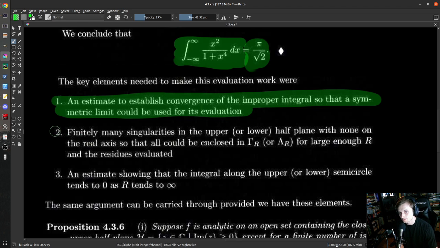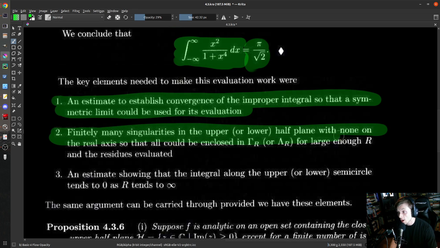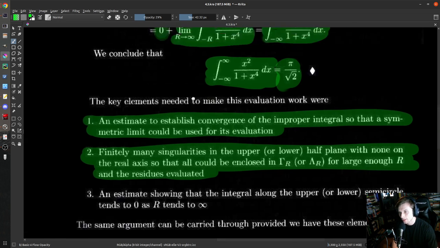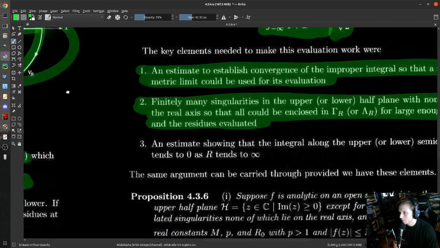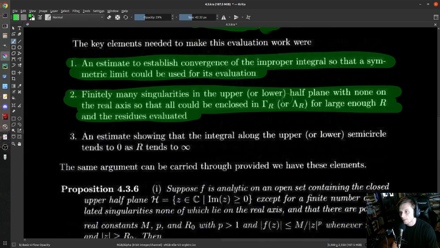Now we need finitely many singularities in the upper or lower half plane with none on the real axis, so they could all be enclosed in big gamma, or if you want to do, say, a big lambda and do this example right here, you could. So they could all be enclosed in there for large enough r.